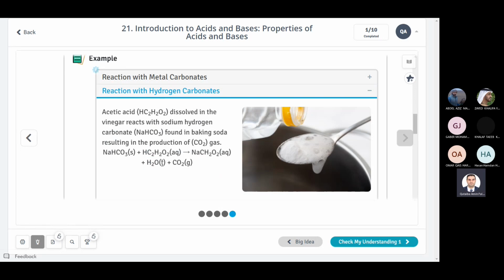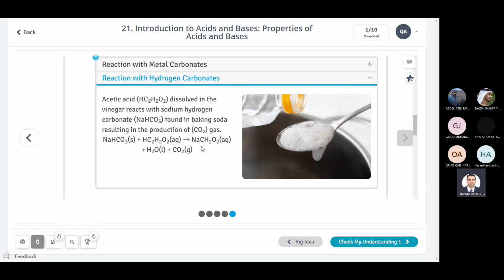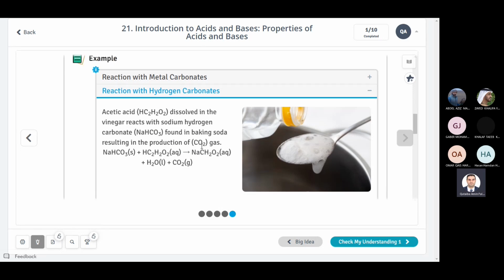Well, of course this equation is going to be given if you have anything like this. Acetic acid dissolved in vinegar reacts with sodium hydrogen carbonate found in baking soda, resulting in the production of CO2 gas. Anyone who remembers baking soda with vinegar, everyone knows this reaction, bubbles come out of it. This is the reaction. This is called sodium hydrogen carbonate, or sodium bicarbonate.